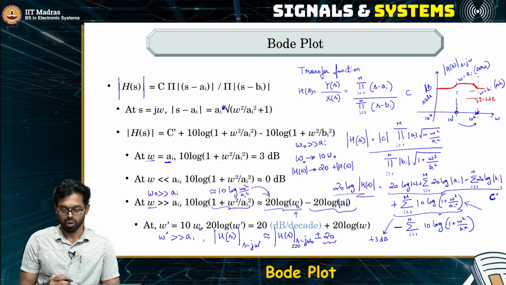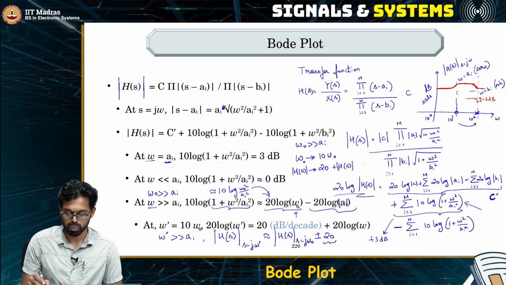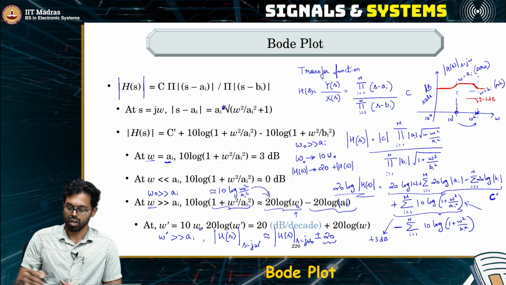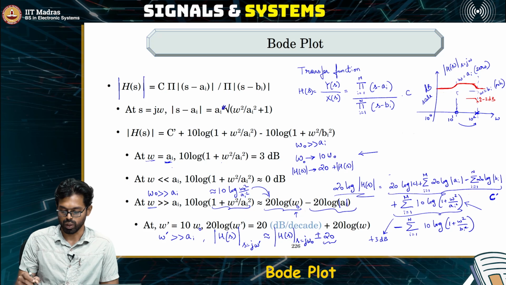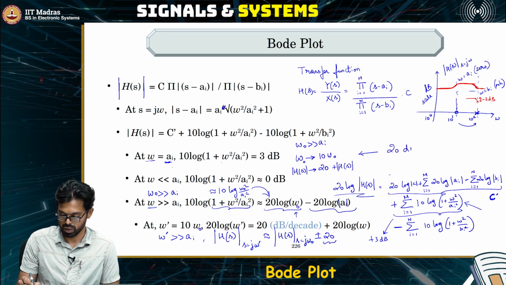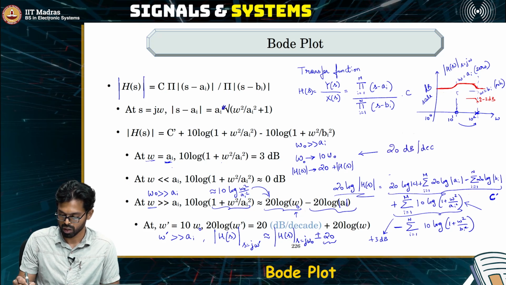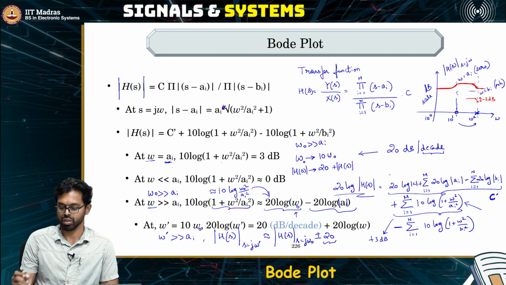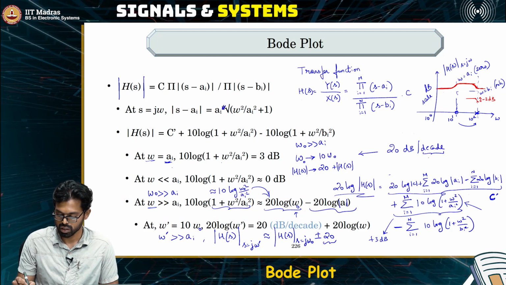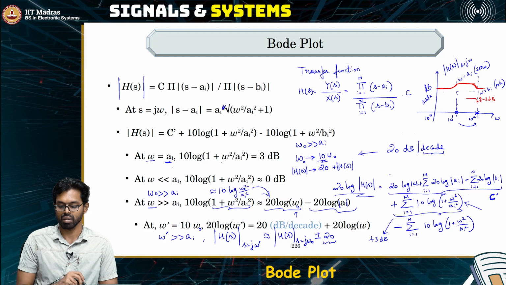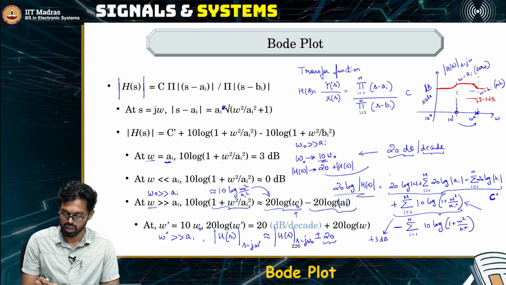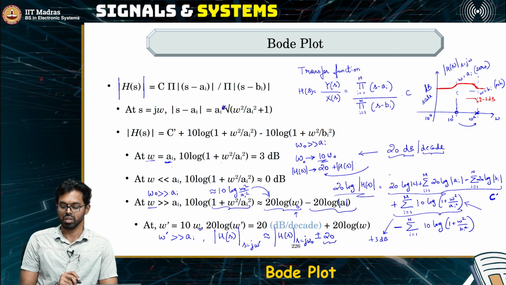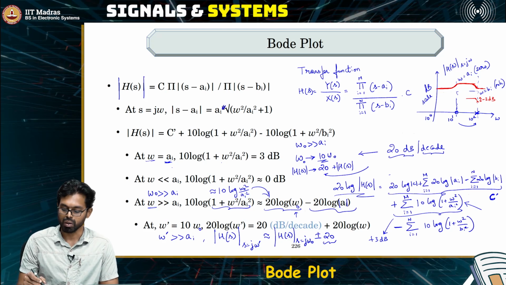What we see here is that the slope is 20 dB per decade. The decade here refers to a change in the frequency by 10 times, and the 20 dB refers to the change in the value of the transfer function by either plus 20 or minus 20.